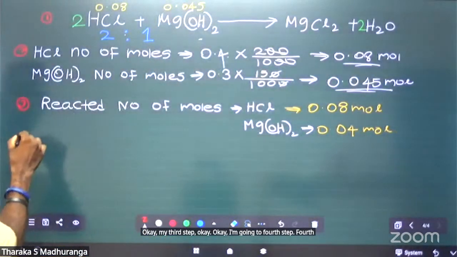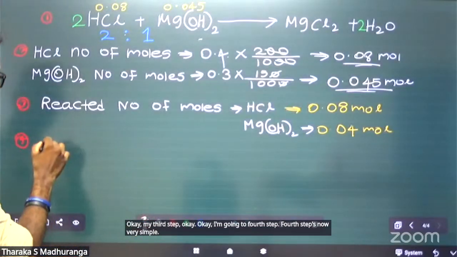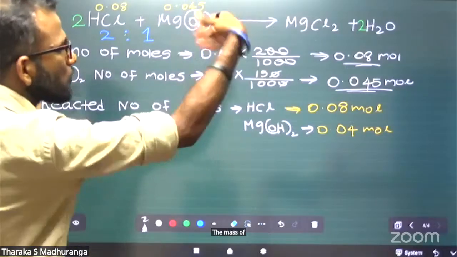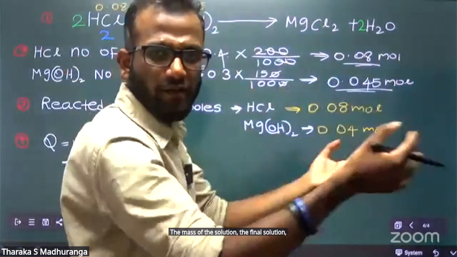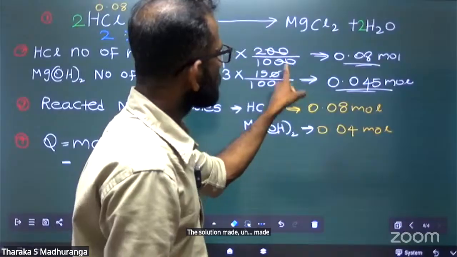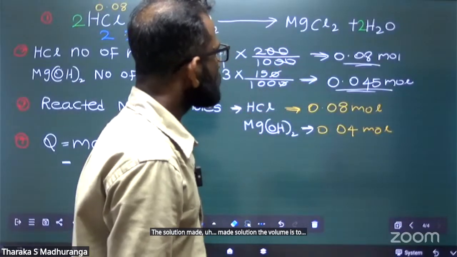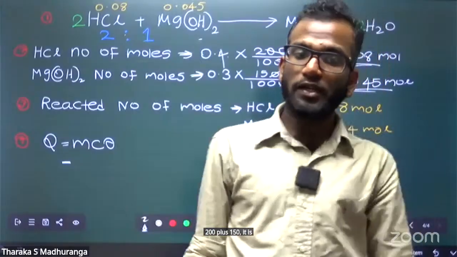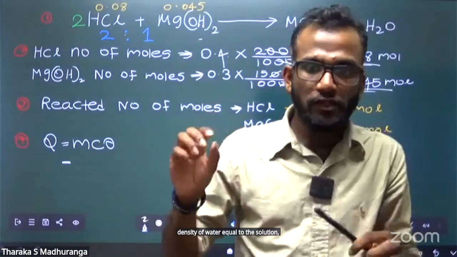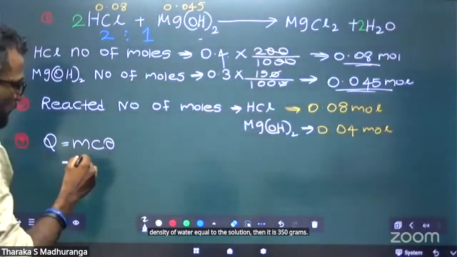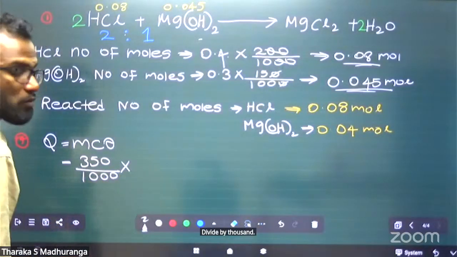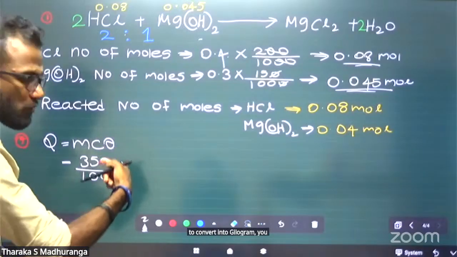Okay, I'm going to the fourth step. The fourth step is now very simple. Q equals m c theta. The mass of the final solution: they are mixing, then finally a solution is made. The volume is 200 plus 150, it is 350. I told you if the density of the solution is equal to water, then it is 350 grams, divided by 1000 to convert into kilograms.